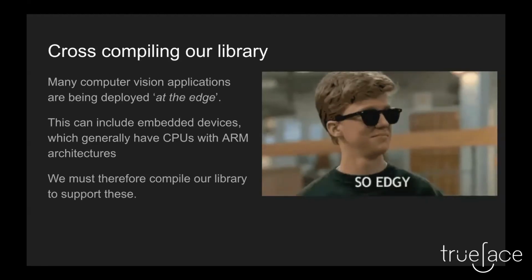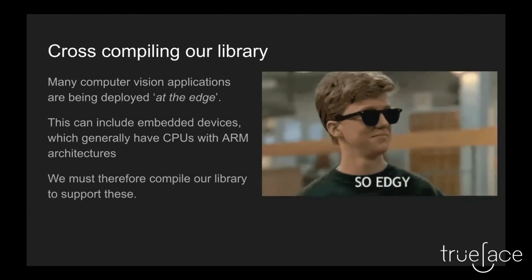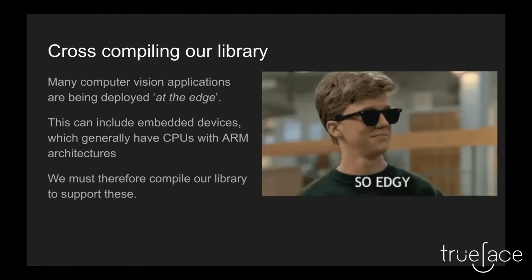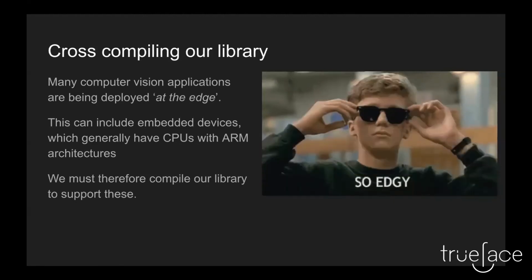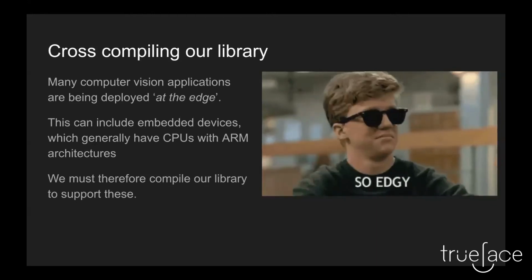Just to touch on the difference between ARM32 and ARM64, also called Arch32 and Arch64: Arch64 refers to the 64-bit extension of the ARM architecture. So for example, even though the Raspberry Pi 4 has a 64-bit ARM CPU, the default operating system Raspbian is 32-bit, therefore it would require an Arch32 compatible binary.